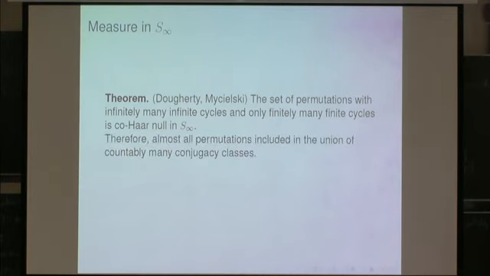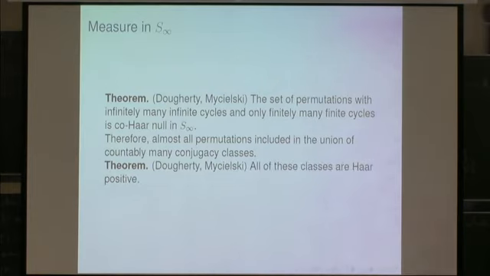Okay, and notice that this describes countably many conjugacy classes. So therefore, almost every element of S infinity belongs to a countable union of certain conjugacy classes, and they also prove that all these conjugacy classes are Haar positive. Okay, so in S infinity, there are countably many positive conjugacy classes, and their union is almost everything.